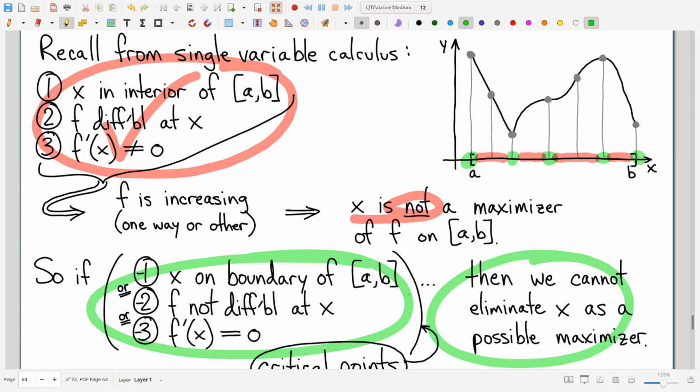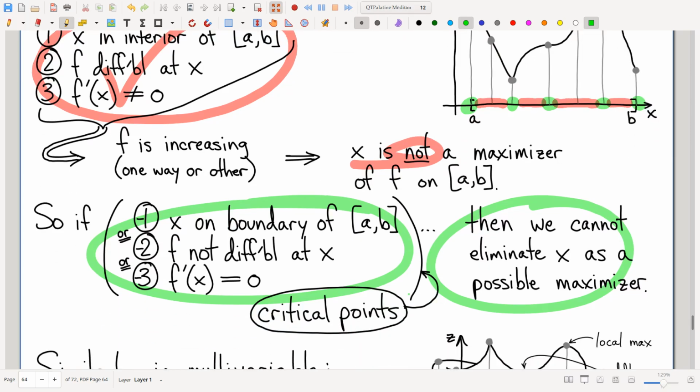I throw up my hands, I have no idea. This often gets miscommunicated in single variable calculus classes: when you take the derivative and set it equal to zero, you know something, and they give you this illusion of knowledge by giving it a name. It is a critical point. Critical point is code for we have no idea what's going on. Is that cool?